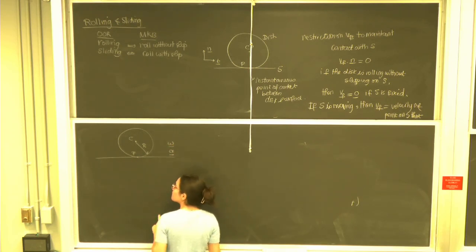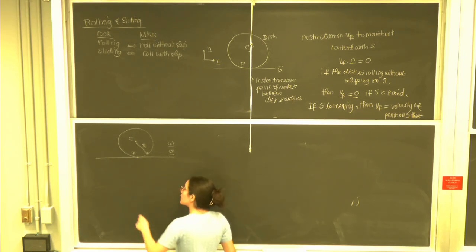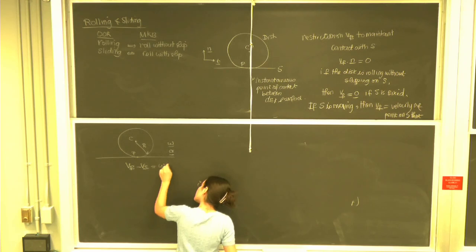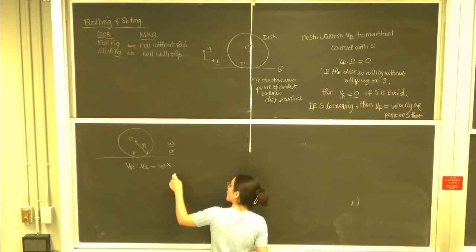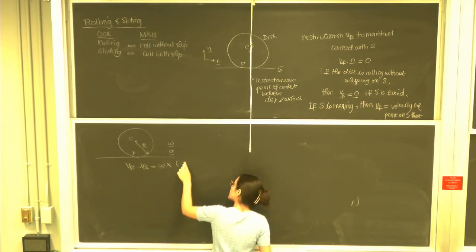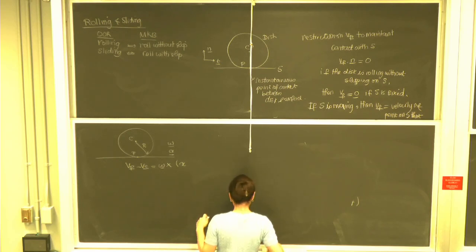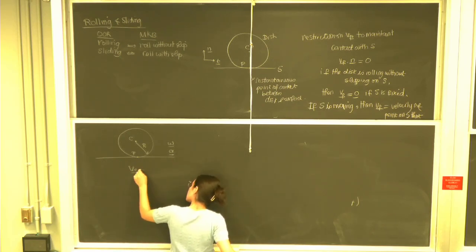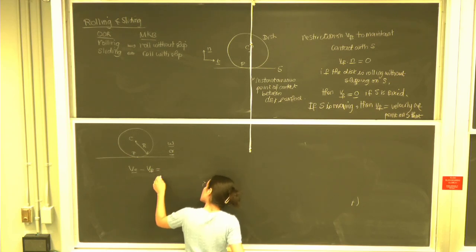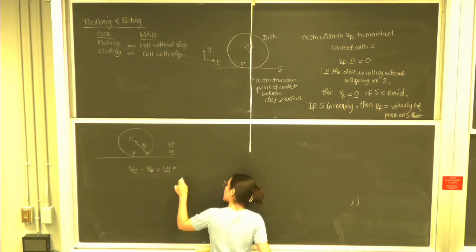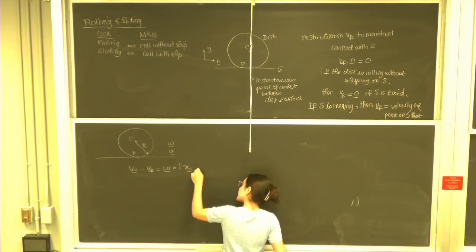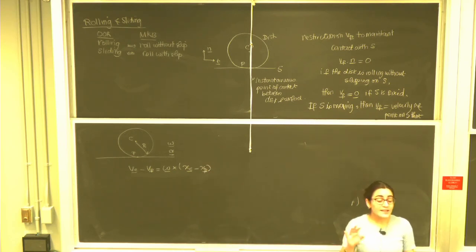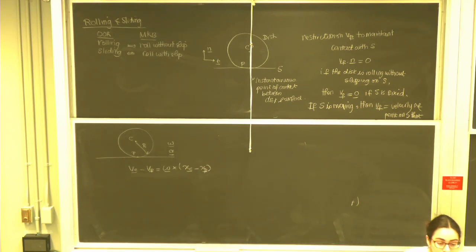I have points P and C. Vp minus Vc is omega cross Xp... actually, let me do it the other way around: Vc minus Vp is omega cross (Xc minus Xp). Okay. It's a very tricky situation, so focus with me a little bit.